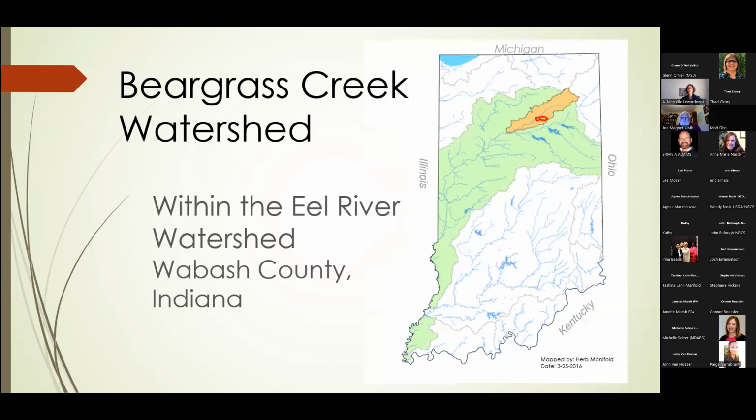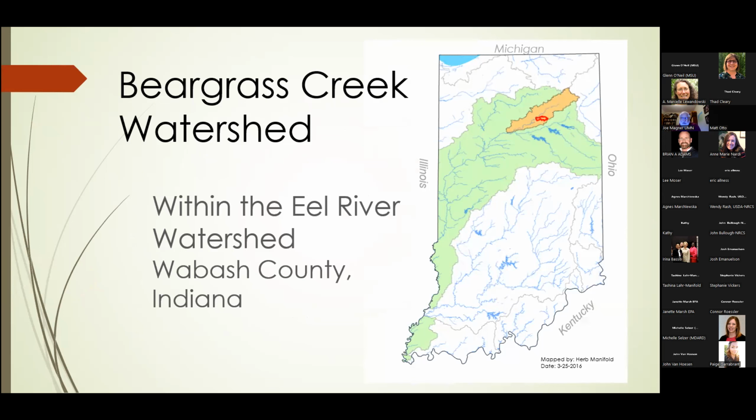So just a little bit of where this watershed is. It's a 12-digit HUC within the Eel River watershed in Wabash County, Indiana. So for somebody coming out of Minnesota working in Indiana, there's a little bit of a learning curve for me.